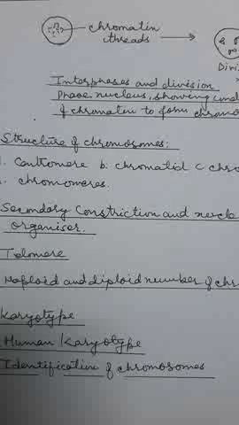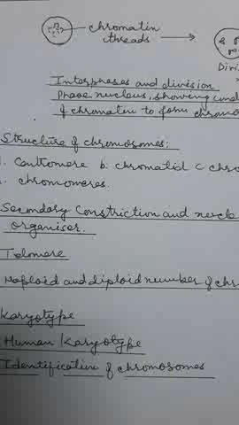Identification of chromosomes. Chromosomes vary in their size, arm length and position of centromere. However, until recently it was not possible to identify individually more than a few chromosomes in a given karyotype. With the application of modern techniques, it is now possible to identify various chromosomes.